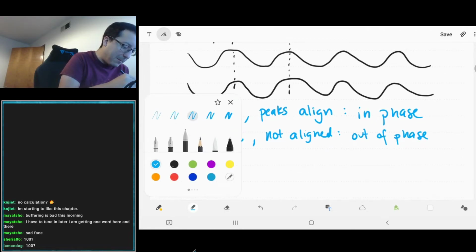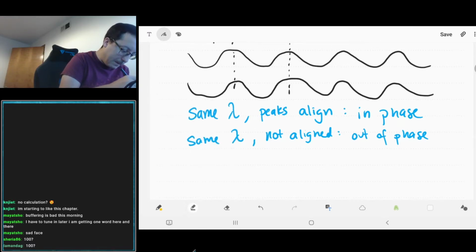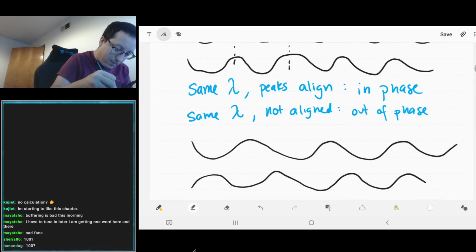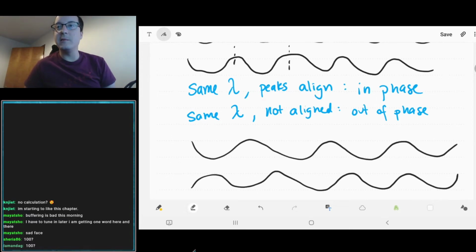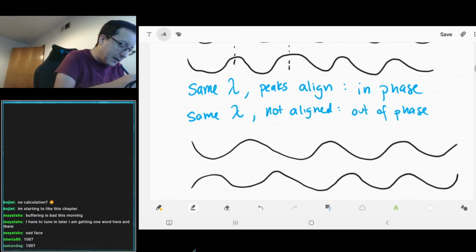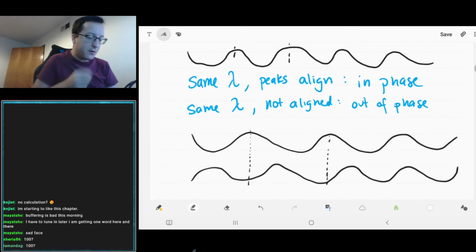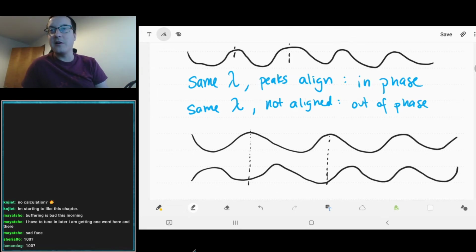And so what that might look like would be something like this, where this particular wave, again, we're going to pretend the same wavelength here.